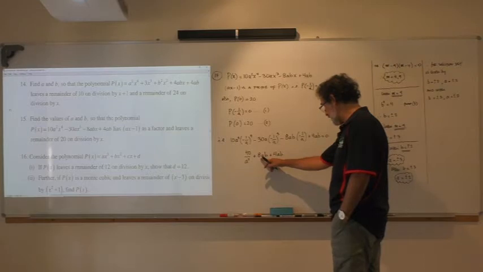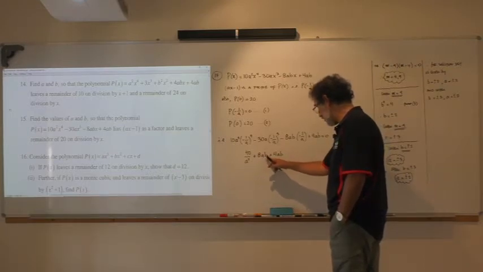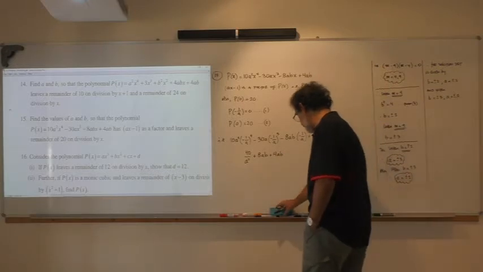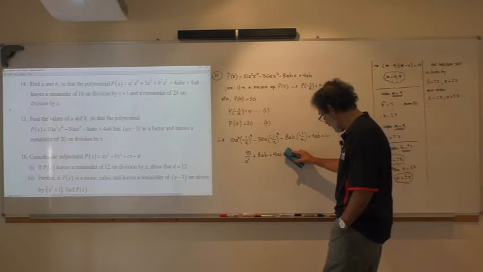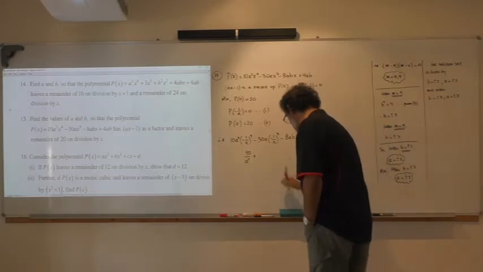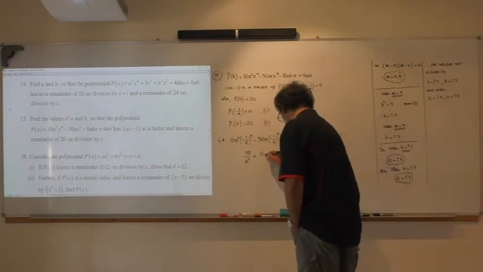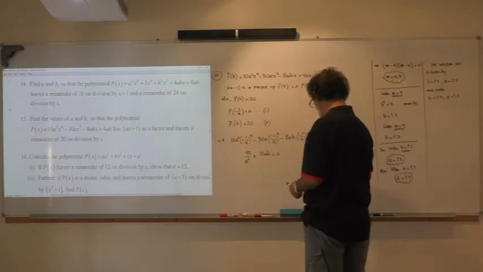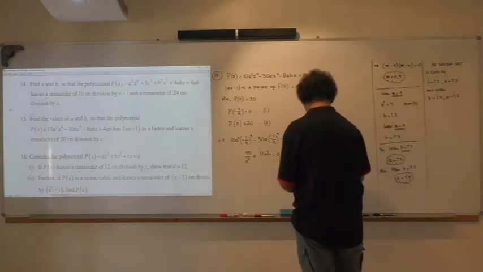Again, I'm going to simplify this now. 8ab plus 4ab gives us 12ab, and that is equal to 0. Okay, so that is my equation 1 in simplified form.